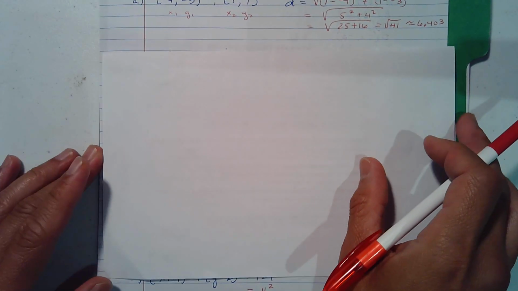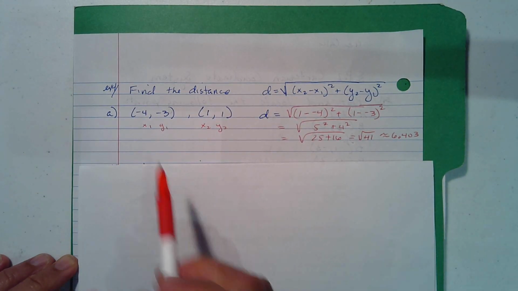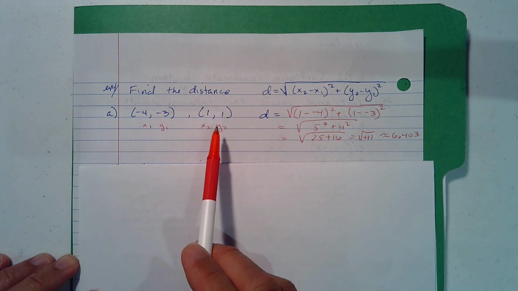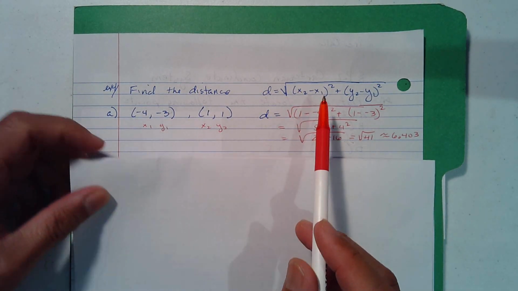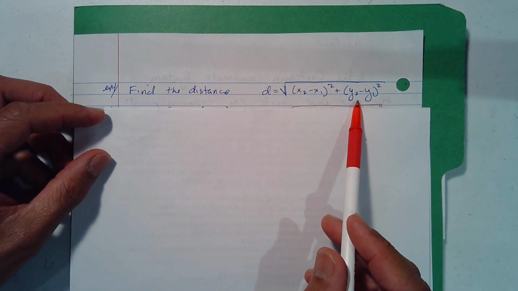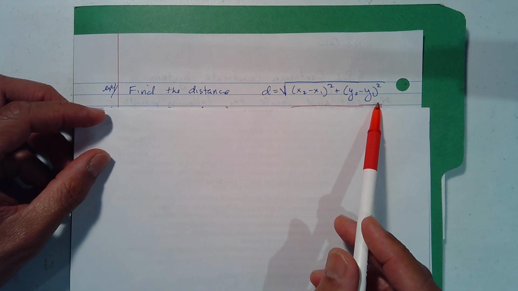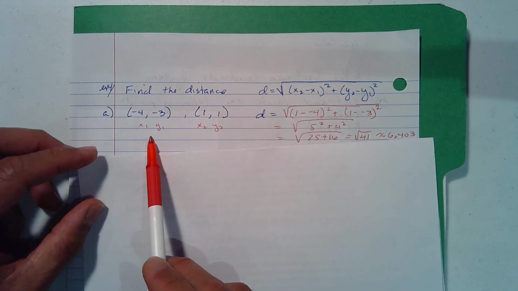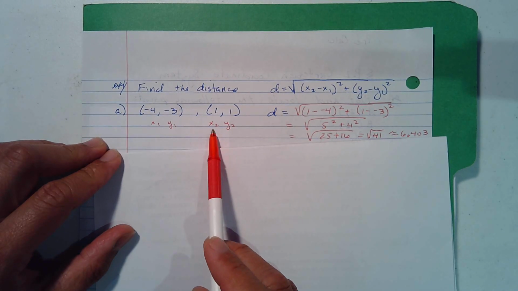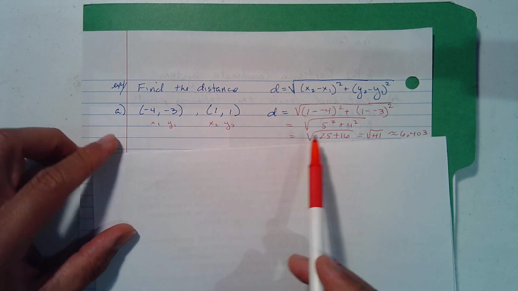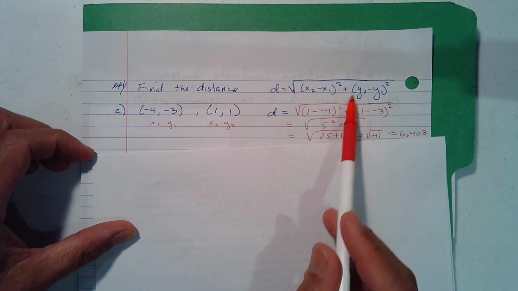Okay, next. Find the distance. So the distance formula between 2 points is the square root of the quantity x2 minus x1 squared plus the quantity y2 minus y1 squared. What we're going to do is label x1, y1, and this is going to be x2, y2. Substitute these values into our formula.